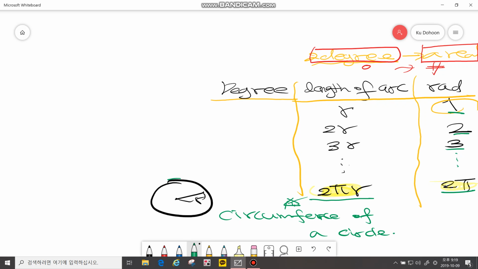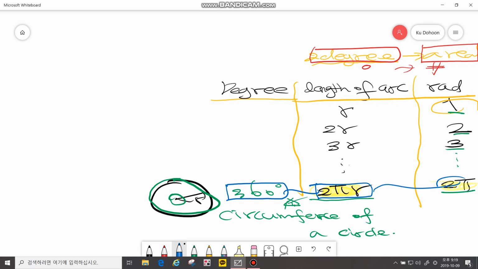So 2 pi r just talks about this, and this is directly related to the 360 degrees. Do you know what I mean? So 360 degrees and 2 pi r have a direct relationship, and with 2 pi, they three go hand in hand. So what you can say right now is that 360 degrees is also 2 pi.